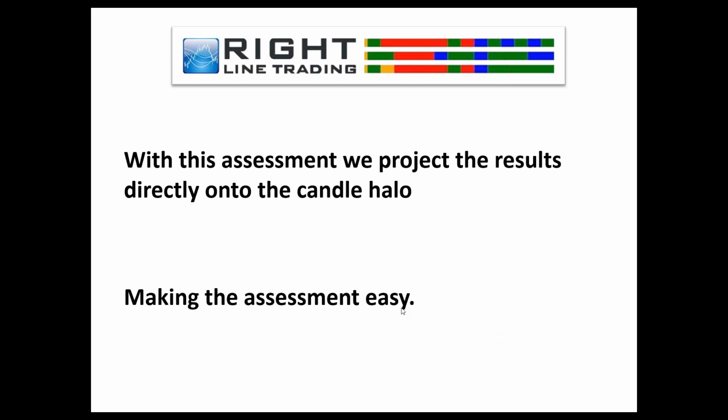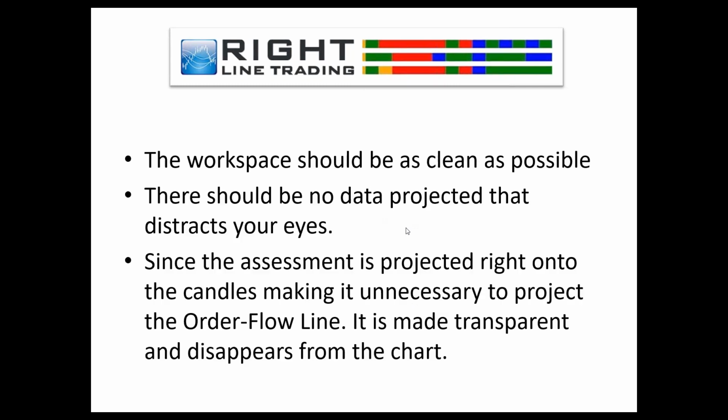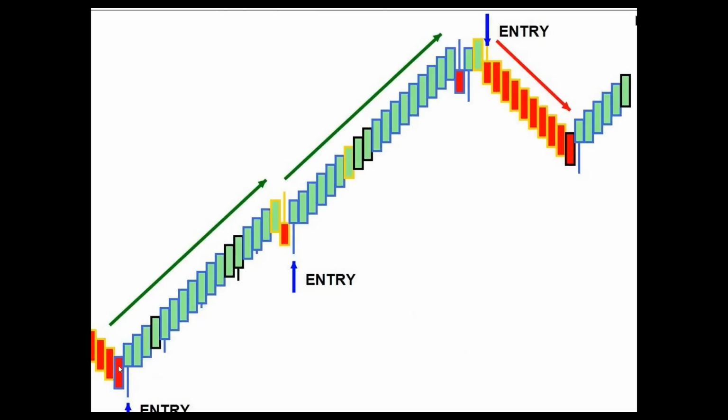And that makes the assessment easier if I just look at the candle halo. But to make it even easier, since the only thing that matters is the outline of the candle, I make the order flow line transparent, and it disappears from the chart. So this is all you see, and this is all you need to see.